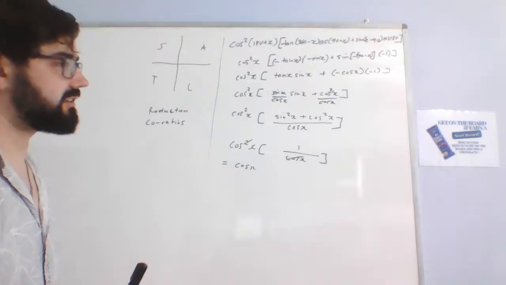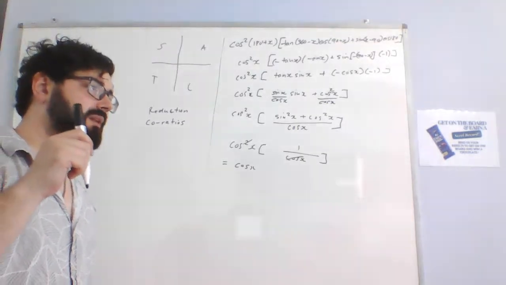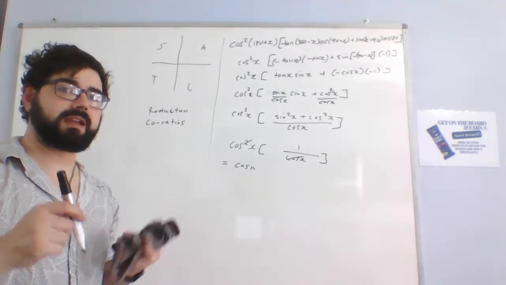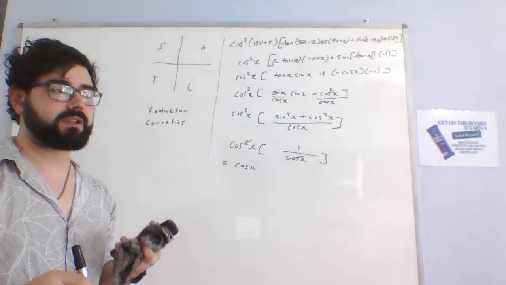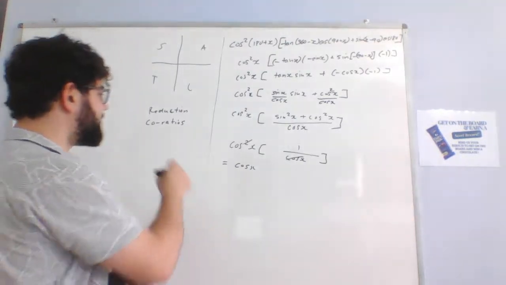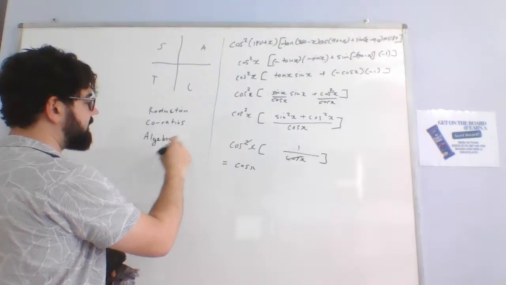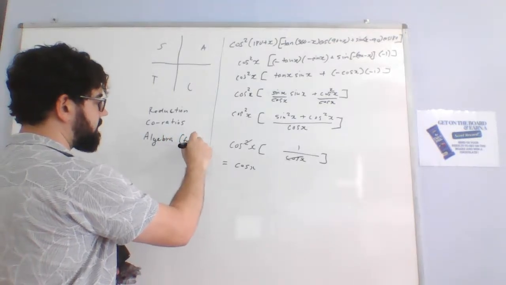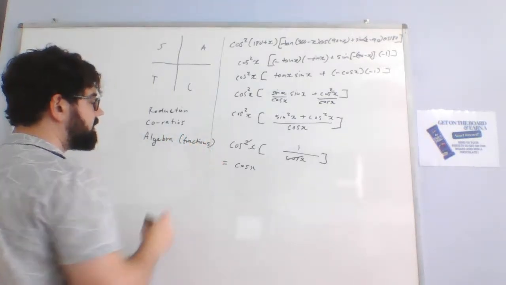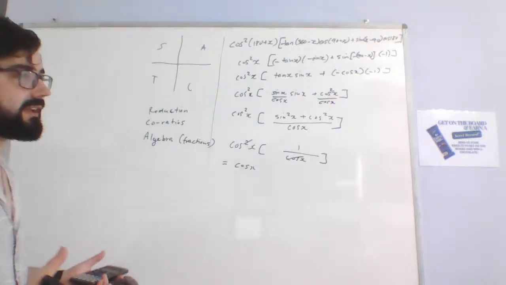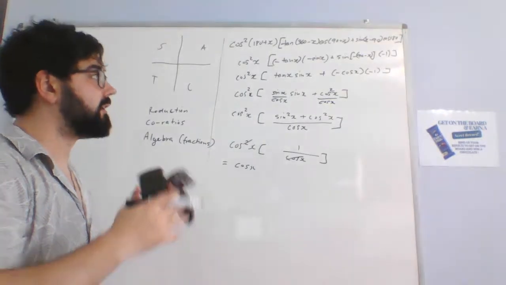But actually, I find that most guys don't battle as much with the reduction and the identities. They normally battle with algebra, specifically the algebra of fractions, right? So things like bringing multiple terms together into one.